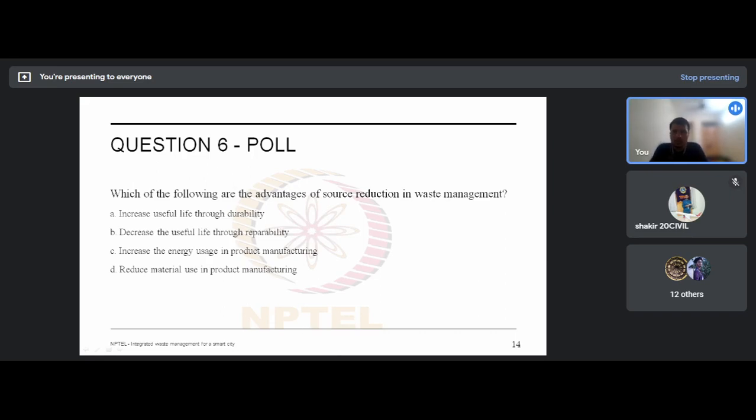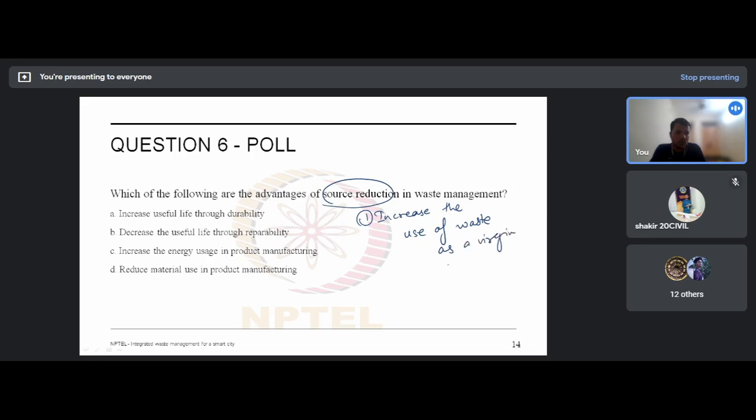So the question is, which of the following are the advantages of source reduction in waste management? When we talk about source reduction, the primary aim is to increase the use of waste as a virgin material.